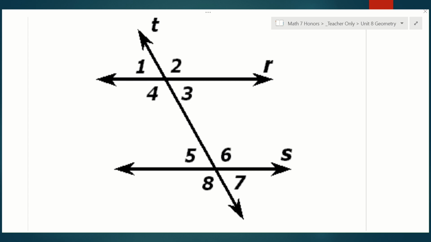So if I tell you angle 1 is 50 degrees, you automatically know that angle 3, angle 5, and angle 7 are also 50 degrees.